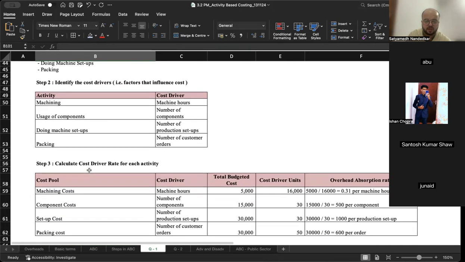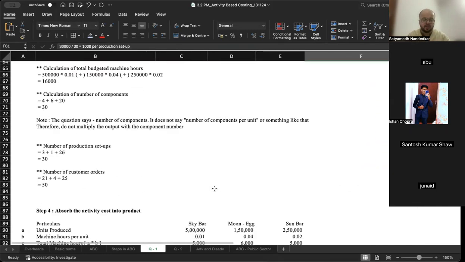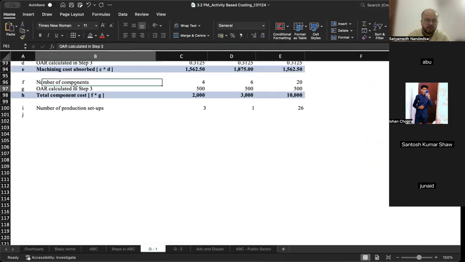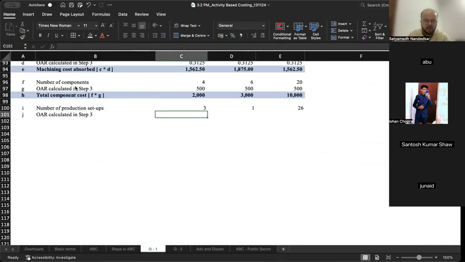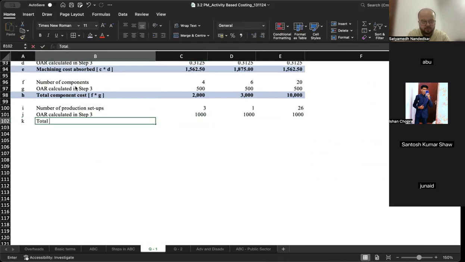And what is the cost driver? What is cost per production setup? 1000. So write that down. OAR calculated in step 3. Cost per production setup. So total production setup cost. This is I into J.